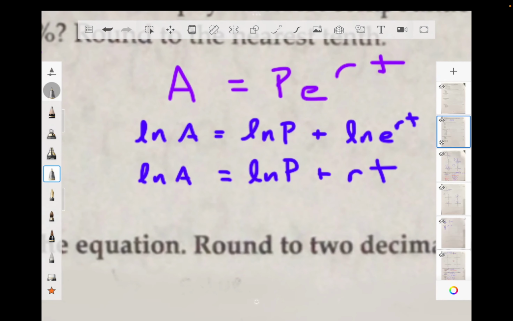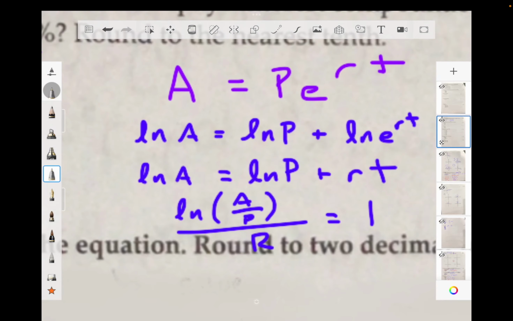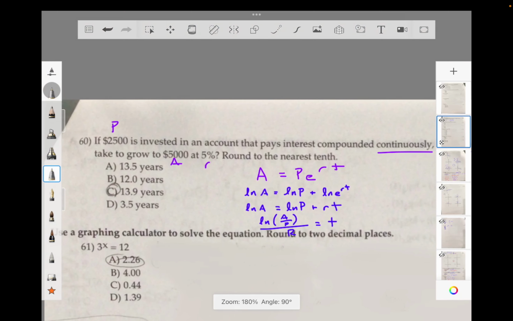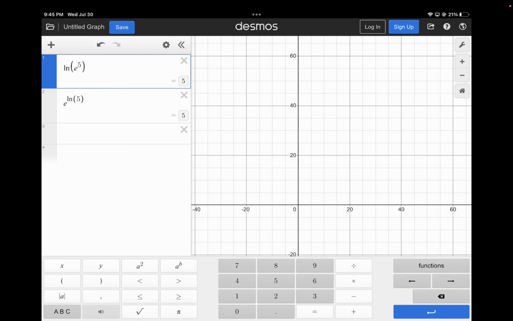Solve for T, you get natural log of A over P, over R, equals T. And I guess we could just plug this in to Desmos just to double check we're doing it right.